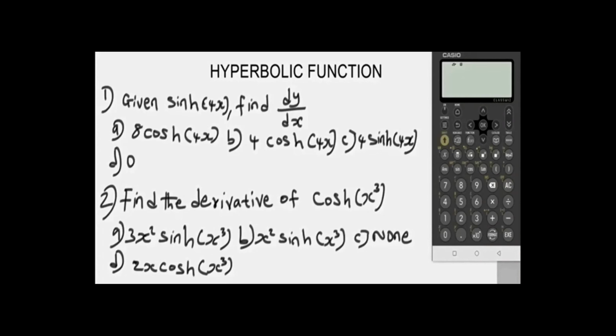The next thing will be to store a value used to differentiate the function and also to evaluate the options to get our answer. So let's do this, guys. To store a value on this calculator, press the variable button. We want to store our x as 2. That's the value I highly recommend.